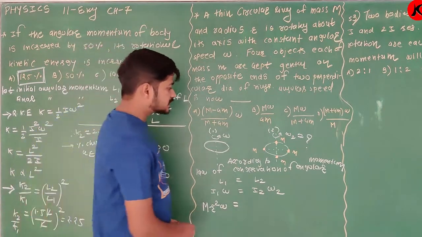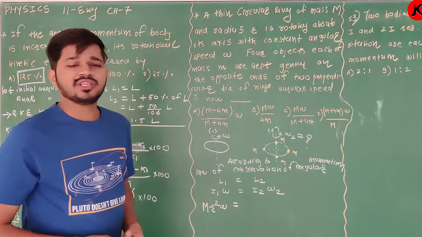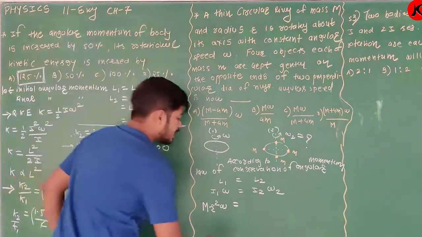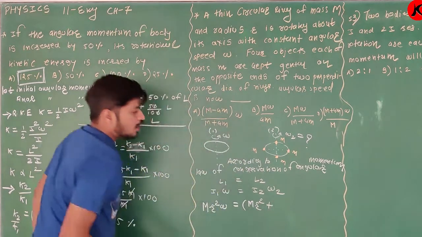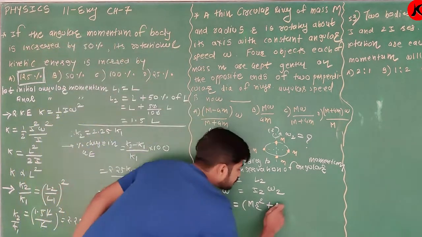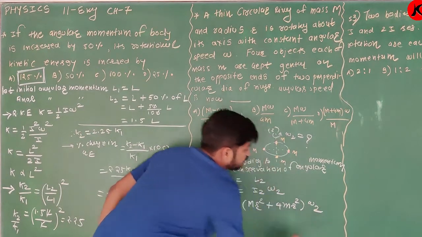Each and every particle is at distance r from the axis. So the ring gives m r square plus 4 particles, so 4 small m r square, times omega 2.